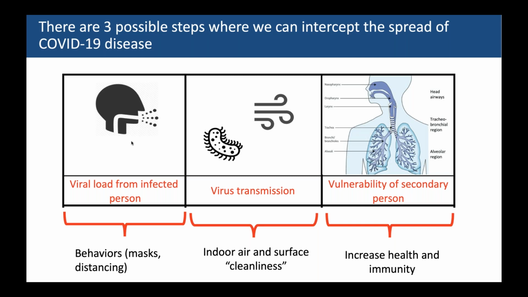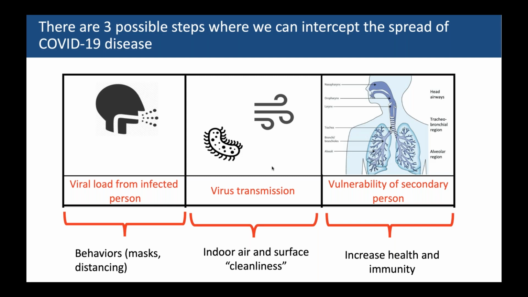The only way you can really control that is to either lock your door or hope they have a mask on or stay away from them. Another step is decreasing viral transmission through the airborne environment or through the building. And the third component of disease transmission is the vulnerability of other people who can become secondarily infected.